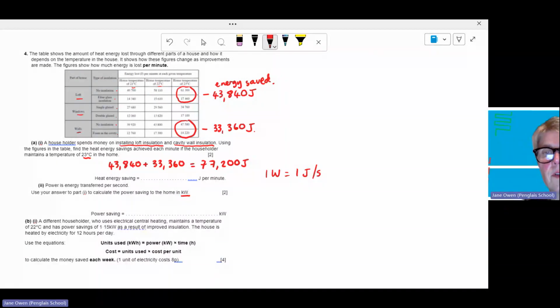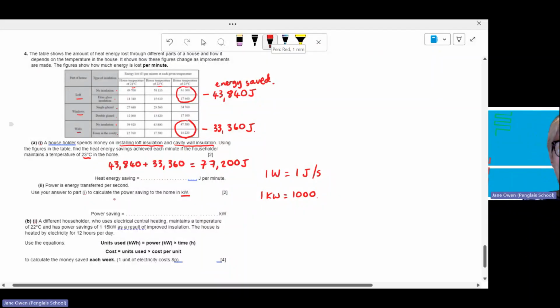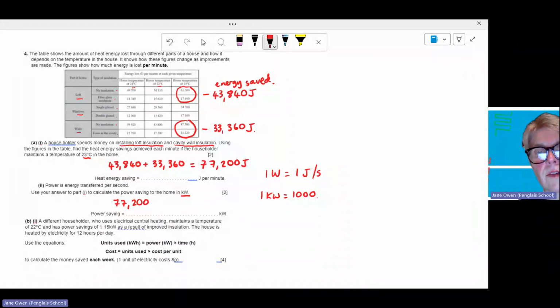And they're wanting it in terms of kilowatts. So you know that 1 kilowatt is 1,000 watts. So if we take the number 77,200, that is joules per minute. So if you want it in watts, that is a joule per second.